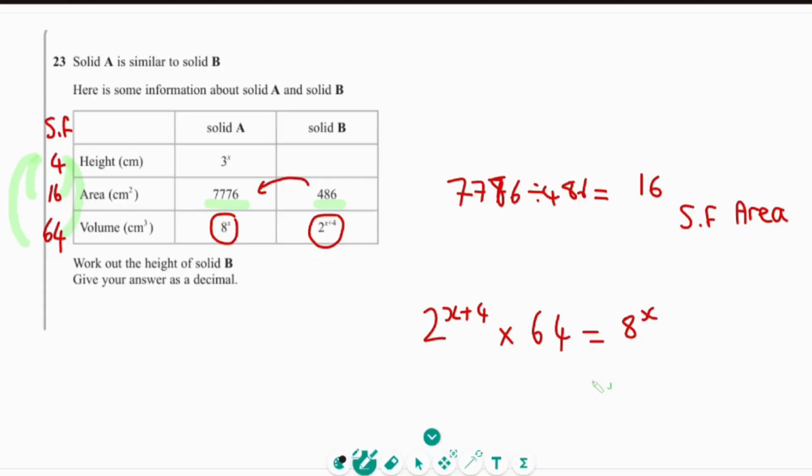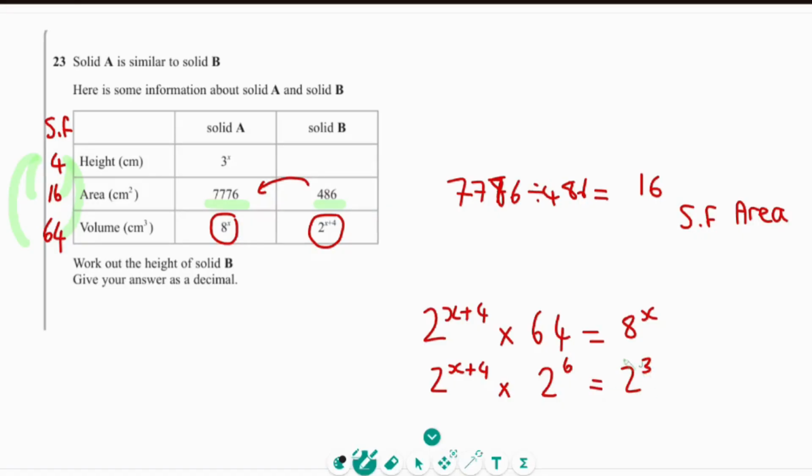Okay. Right, let's just look at this. I'm looking at it and thinking I can see a lot of powers of 2 here. So let's write everything as a power of 2. 64 is 2 to the power of 6. And 8 is 2 cubed.